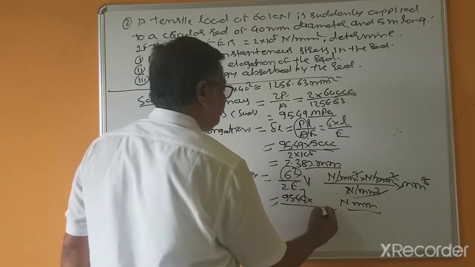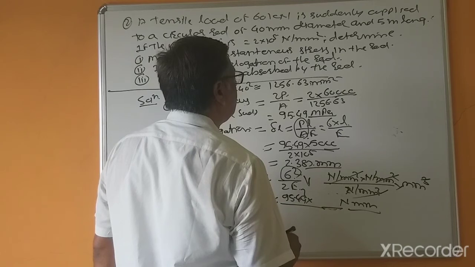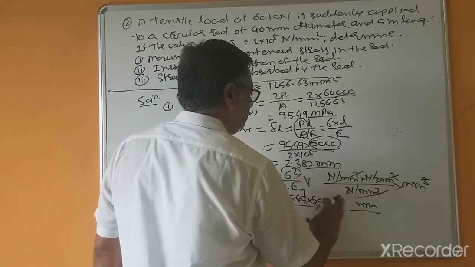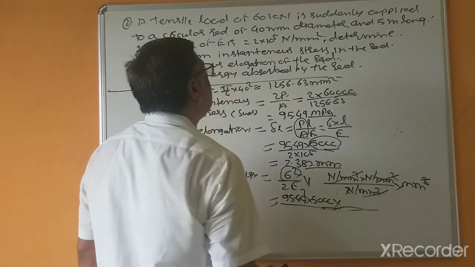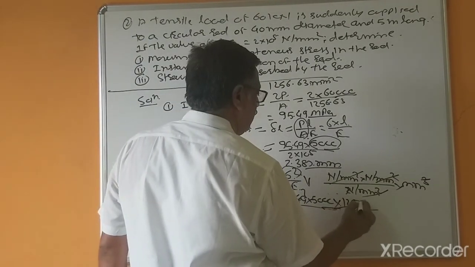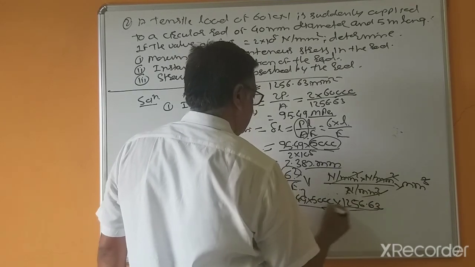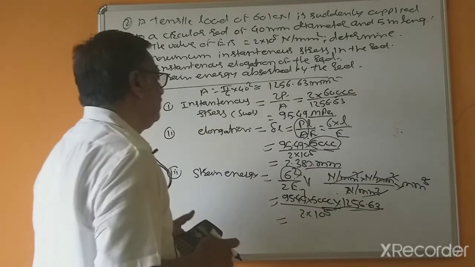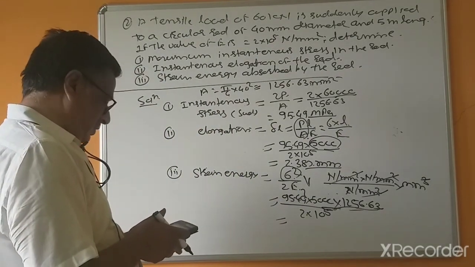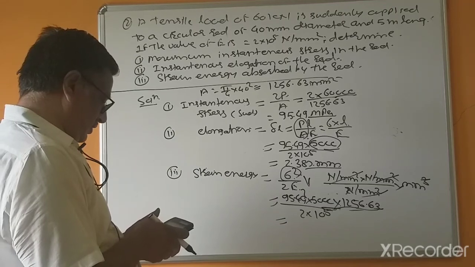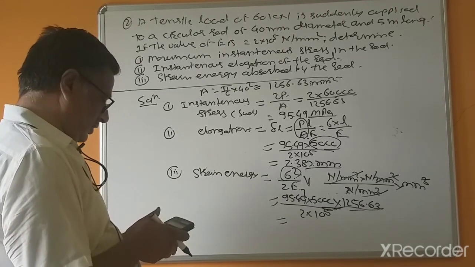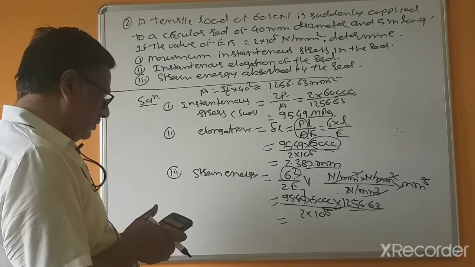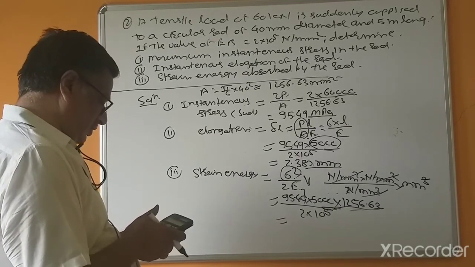Volume equals length 5000 times area 1256.63, and E is 2 into 10 to the power 5. So 95.49 squared multiplied by 5000 multiplied by 1256.63 divided by 2 into 10 to the power 5.